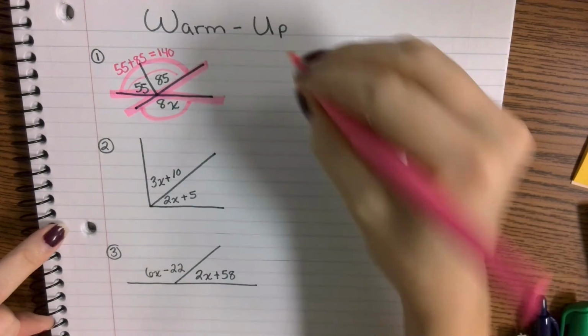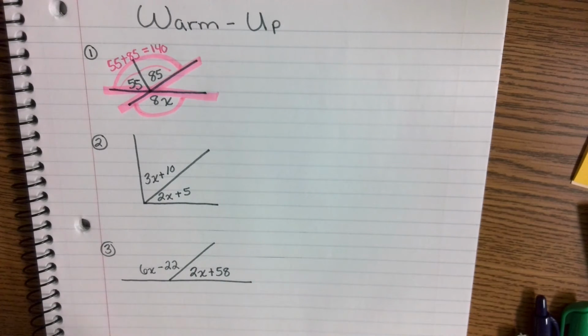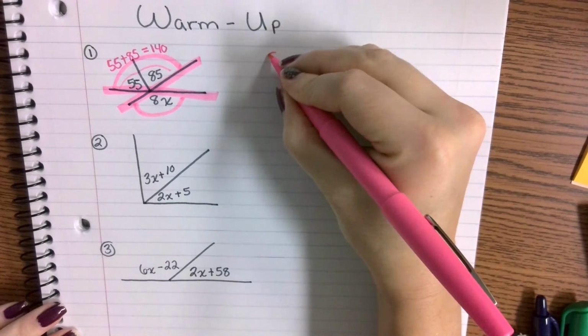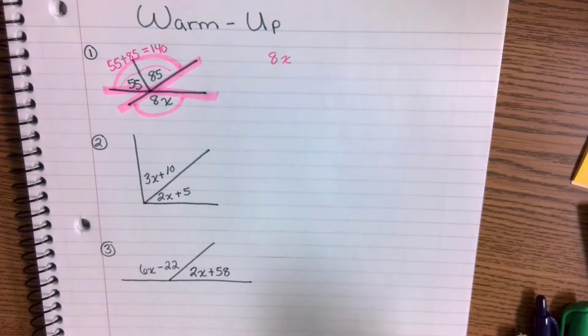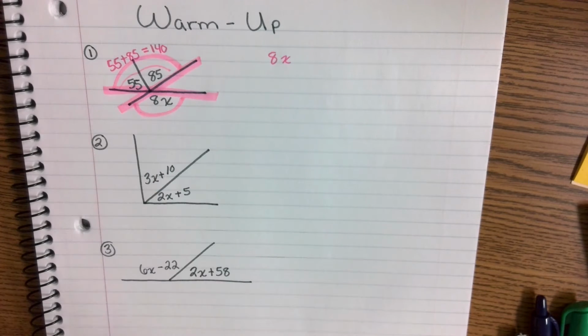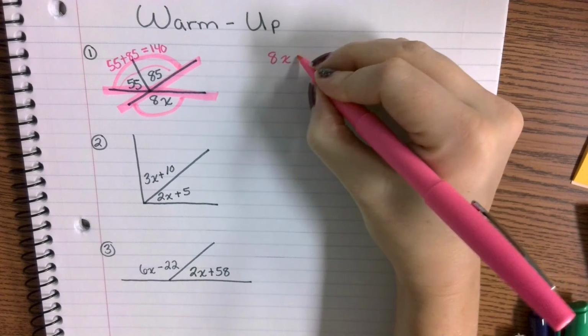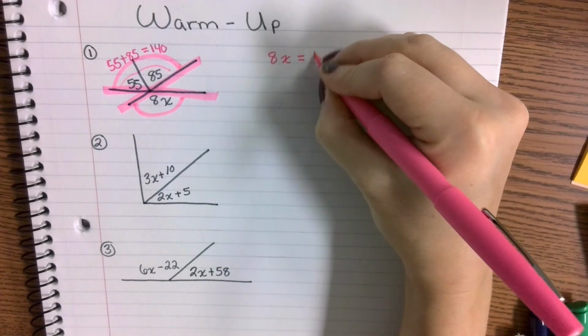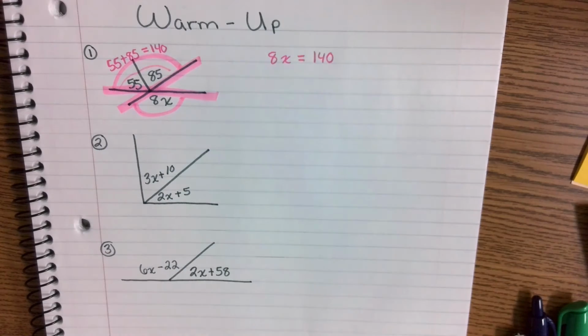So we can create a vertical angle set where 8x is congruent. What does congruent mean again? Equal. Where 8x is congruent to the combination of those 2 angles. So it was a trick question this time. So 8x is going to be equal to 140.